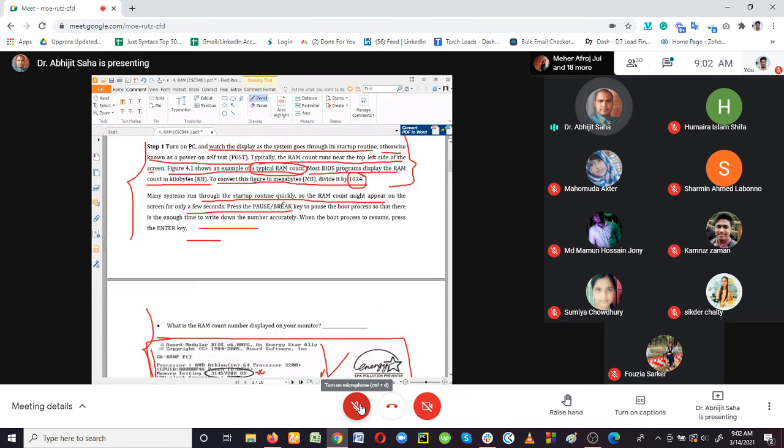So there was a way, a pause or break key, to pause the boot process so that there is enough time to write down the numbers on the screen.